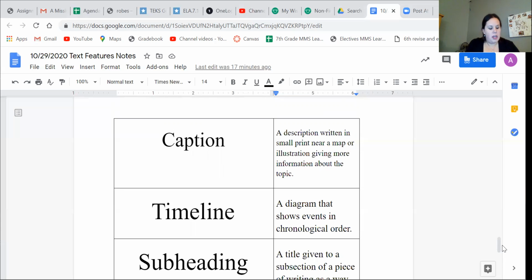Okay. Your timeline is a diagram that shows events that happen in chronological order. So think back to our Greek and Latin roots. Chronological order means in time order. Okay, so timeline. The catch is it can go in any direction. I could go from the year 2000 to the year 2005, 2010, 2020. I could do that.